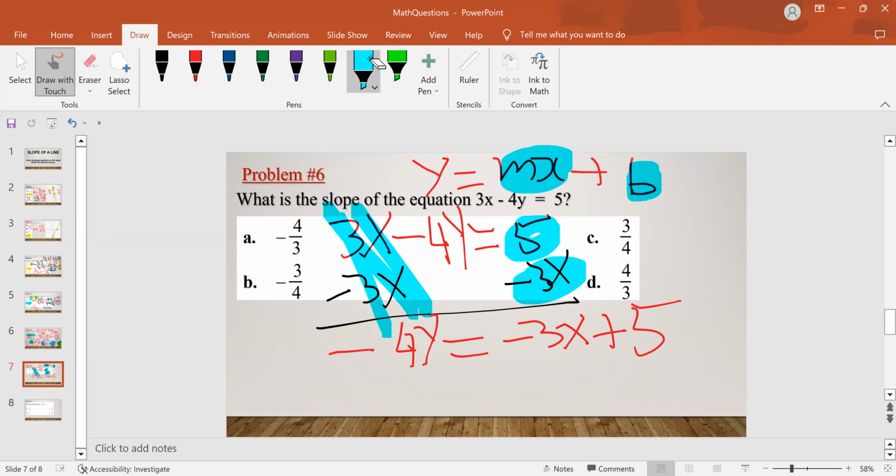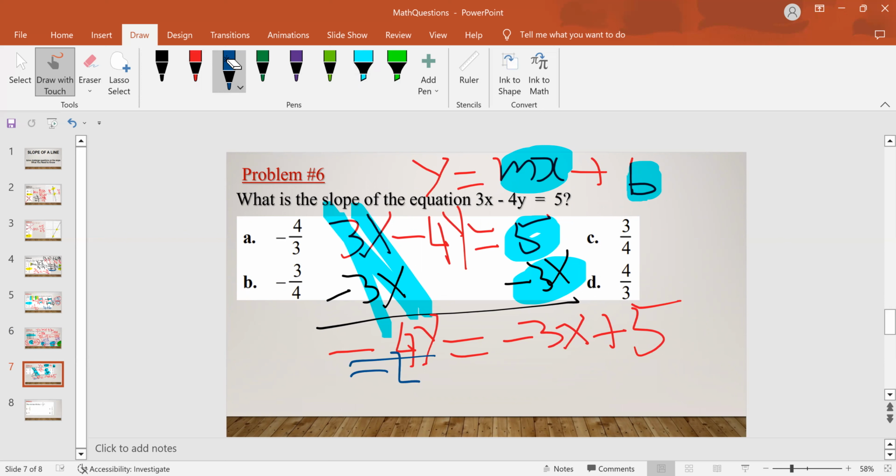Okay, so we're going to have this now divided by negative 4. Why do I divide by negative 4? I divide everything here by negative 4 because we need y alone, without the negative 4.